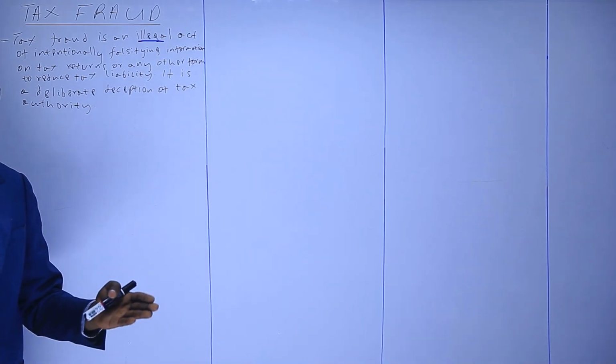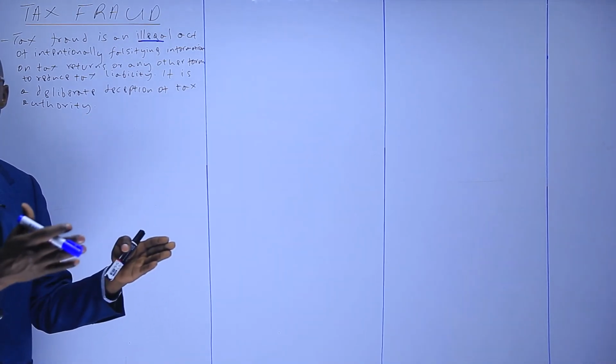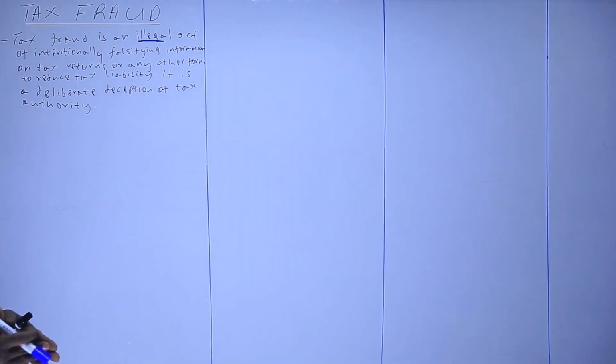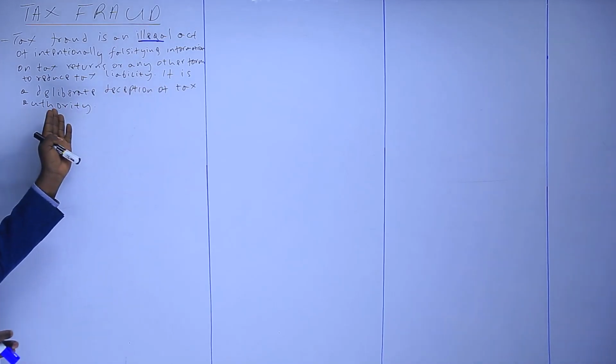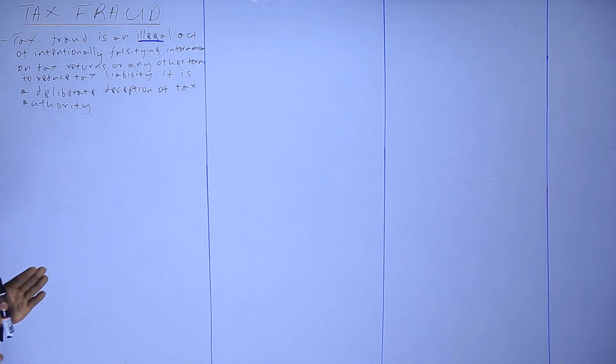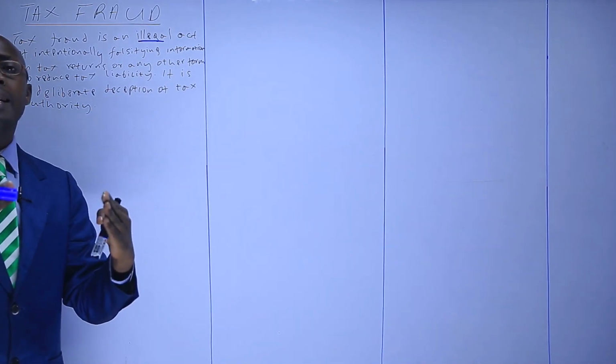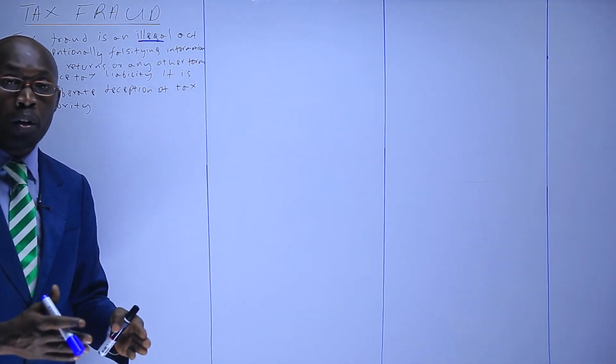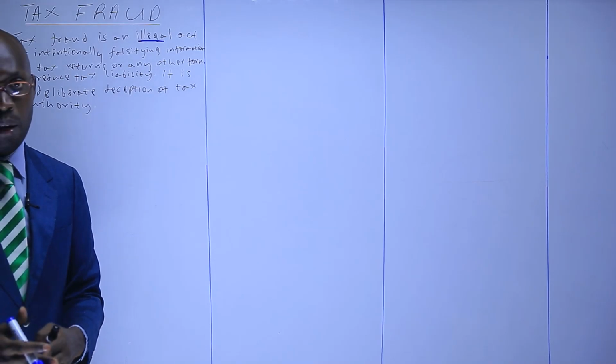Because you are not giving truthful information, you are doing an illegal thing. It is a deliberate deception of the tax authority: you deliberately deceive them to think that whatever you are telling them is true, whereas it is supposed to be the other way.